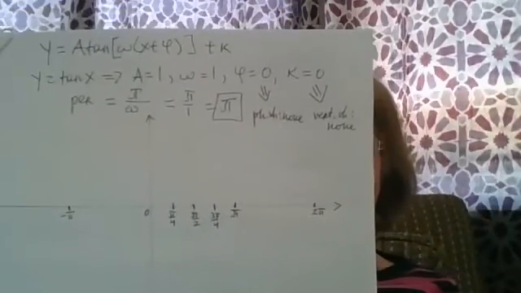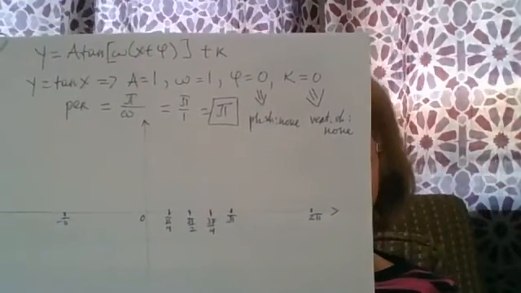Right in the middle between 0 and pi, we have pi over 2. In the middle between 0 and pi over 2, I have pi over 4. In the middle between pi over 2 and pi, we have 3 pi over 4. So each small interval has a length of pi over 4.